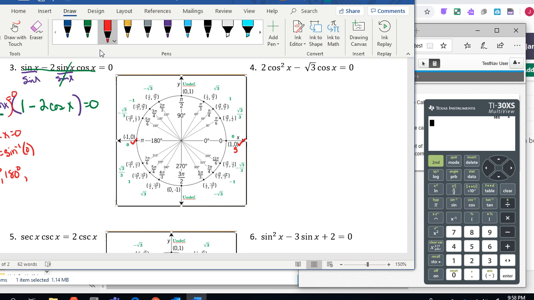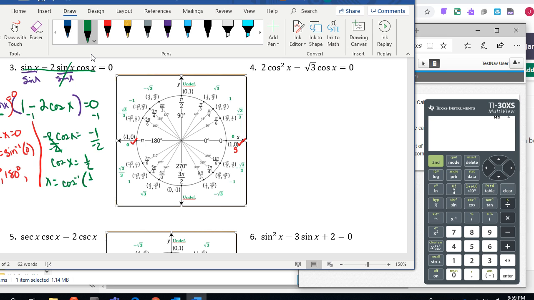Then we're also going to see what happens on this other side. I'm going to subtract 1 from both sides. I get -2 cosine x equals -1. Divide by -2. Cosine x equals positive 1/2. So x is equal to inverse cosine of 1/2.